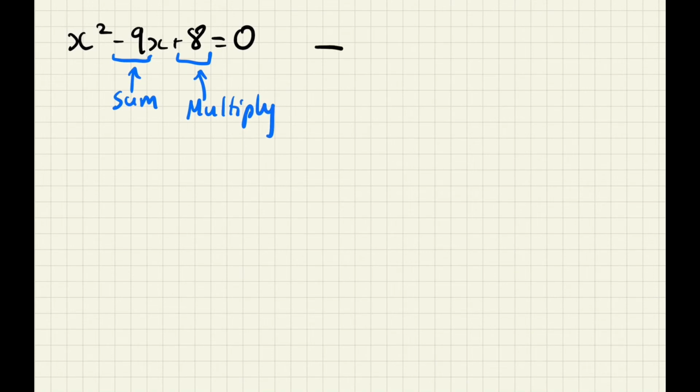Straight away, we can see our two numbers are going to be minus 1 and minus 8, because minus 1 plus minus 8, or just minus 1 minus 8, is going to give us minus 9, and minus 1 times minus 8 is going to give us positive 8.